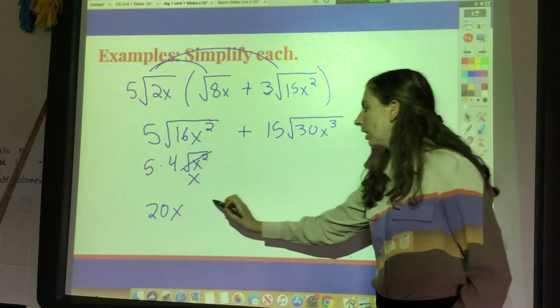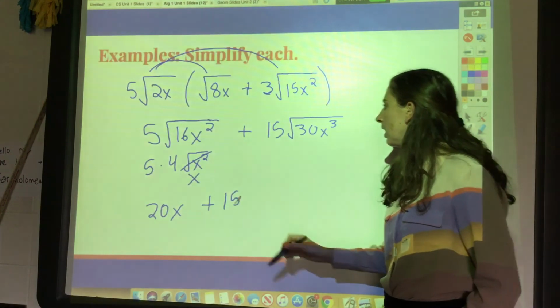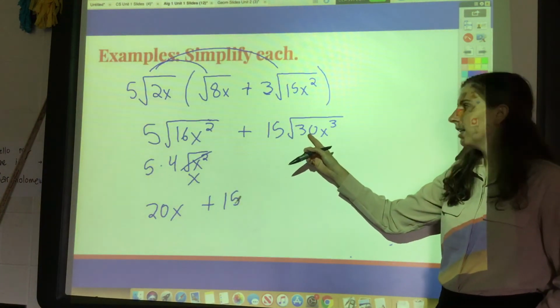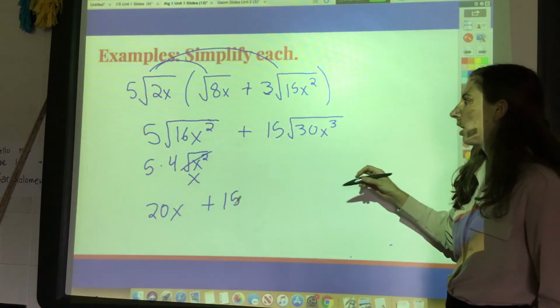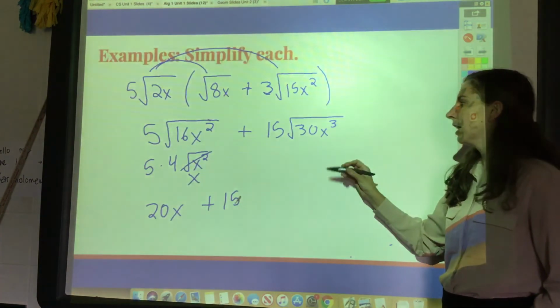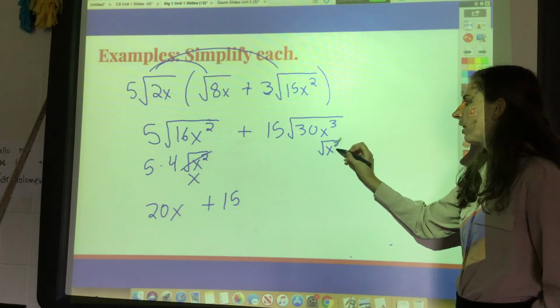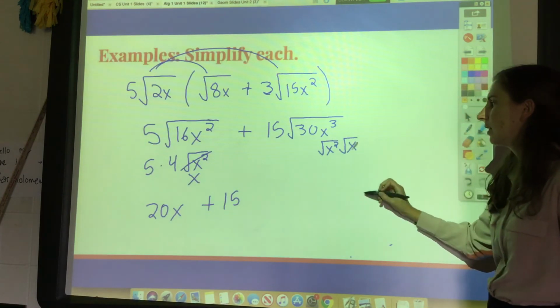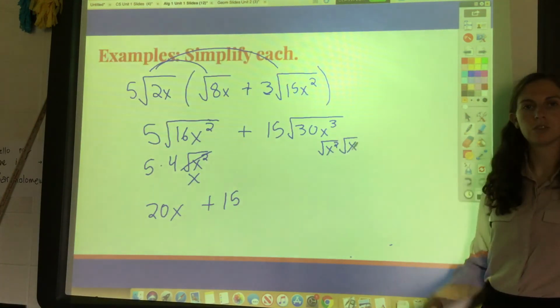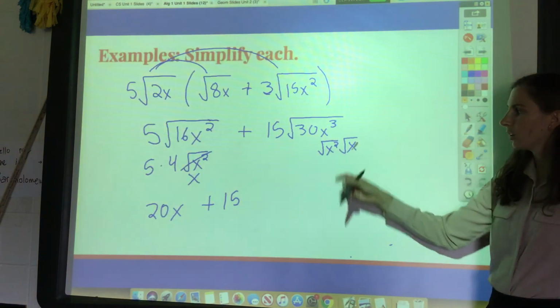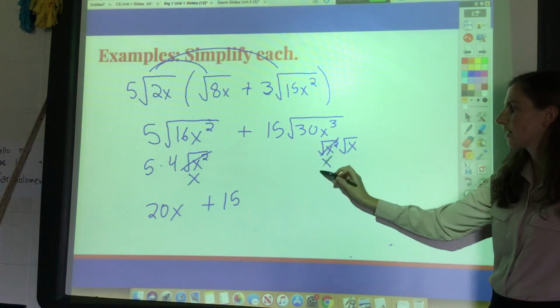On this one, remember 30 doesn't break down. We tried that on the previous problem, but x cubed will. I could split x cubed into square root of x squared and the square root of x, because 2 plus 1 makes 3. And the square root of x squared is x.